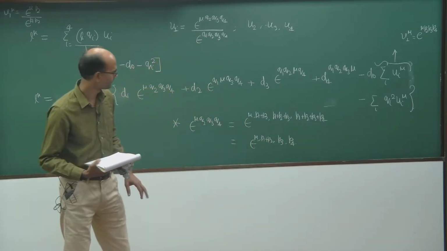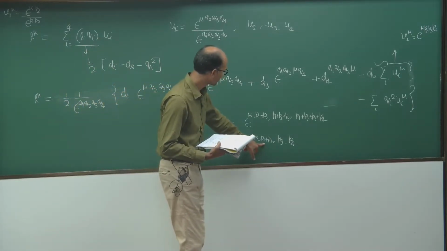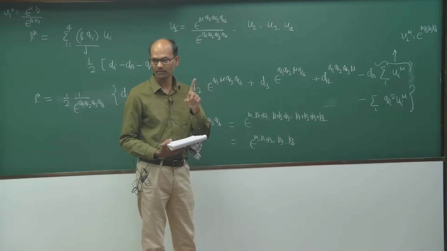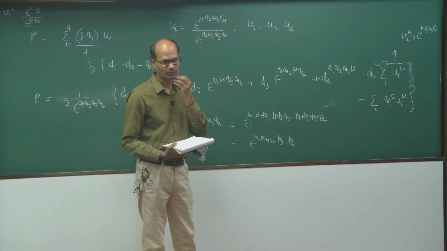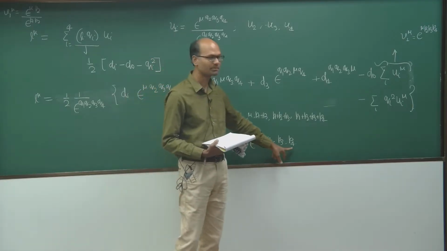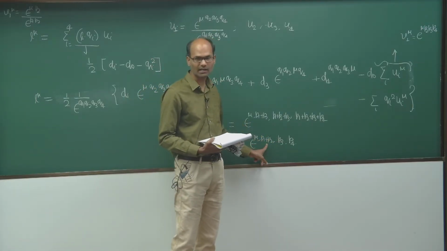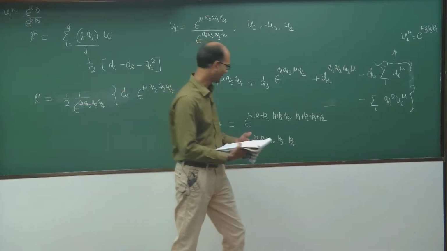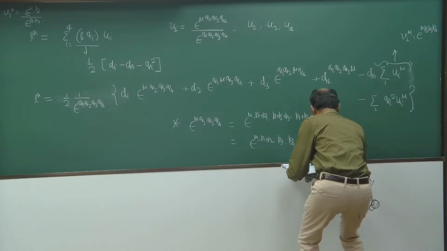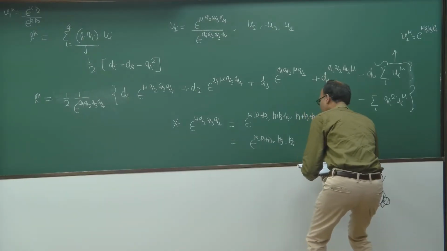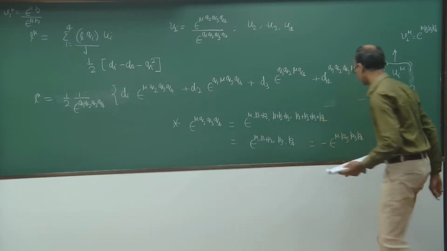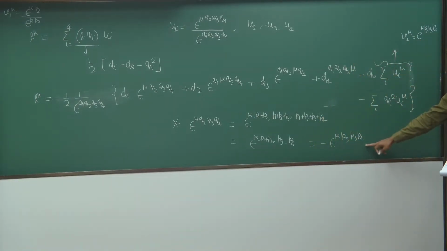Is this fine? Now I apply momentum conservation on this p1 plus p2. I can write it as minus p3 minus p4 minus p5 because I am taking all the momenta to be incoming. And again apply the property that since I already have p3 and p4, this term cannot have p3 and p4, so only p5 would be left. So this term is minus epsilon mu p5 p3 p4. Do you agree with me?